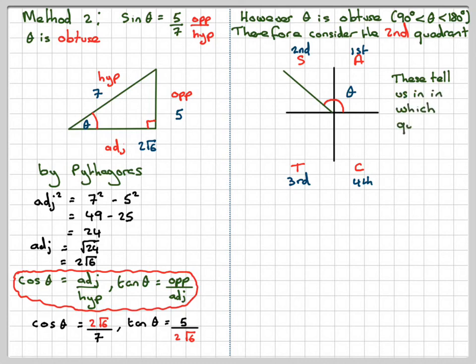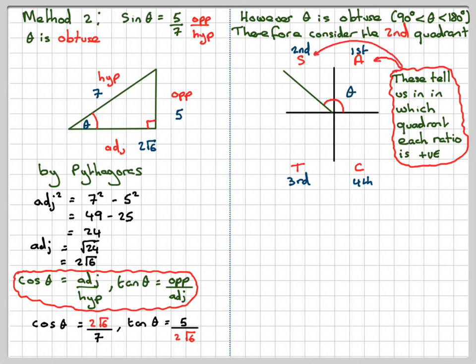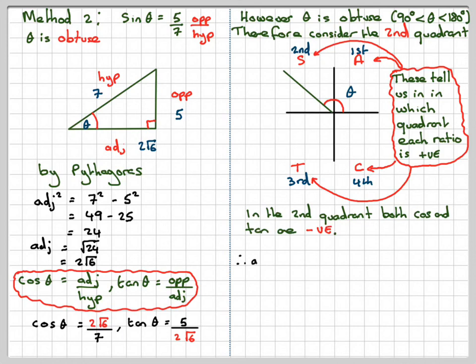These tell us in which quadrant each ratio is positive. So first, second, third, and fourth. Right, so only sine is positive in the second quadrant. That means that both cosine and tangent are negative. So in the second quadrant, both cos and tangent are negative.